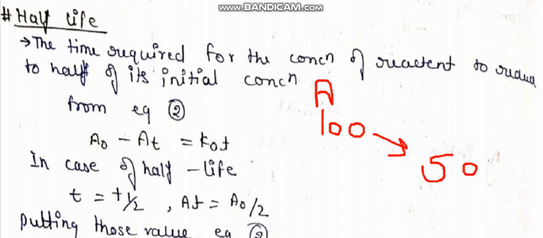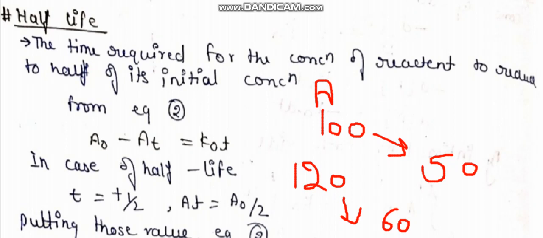Suppose the concentration of the drug was initially 120 mg, then in which time will it go to 60 mg. The time in which the drug reaches half of its initial concentration is called the half-life.